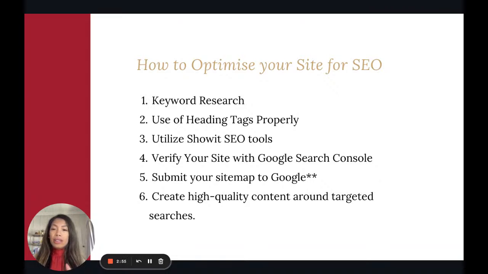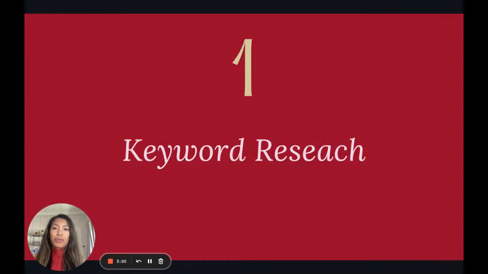The next steps are also more on the technical side. You have to have Google accounts, verify your site on Google Search Console, and submit your sitemap, especially if you have a blog. And of course, the last part is the ongoing efforts to increase your SEO, which involves blogging. So let's get started with the first one, the keyword research.